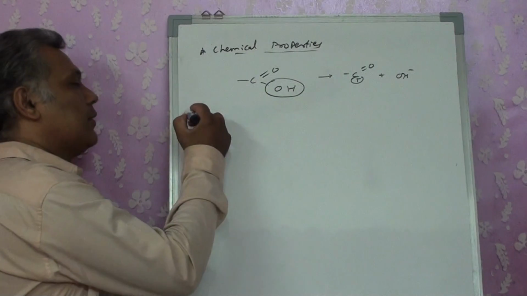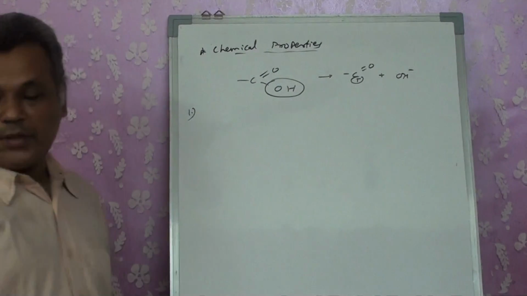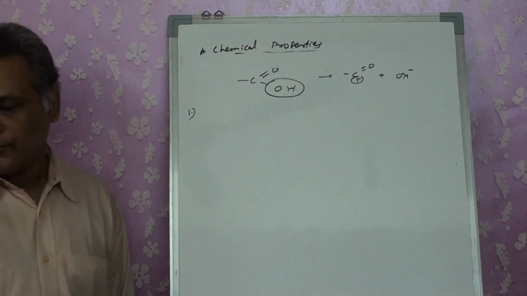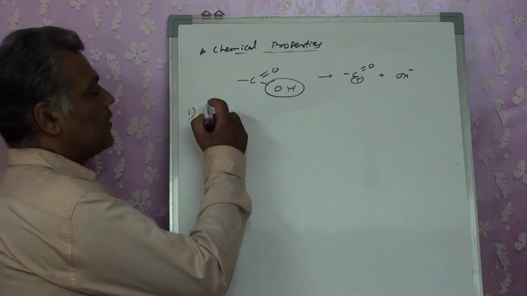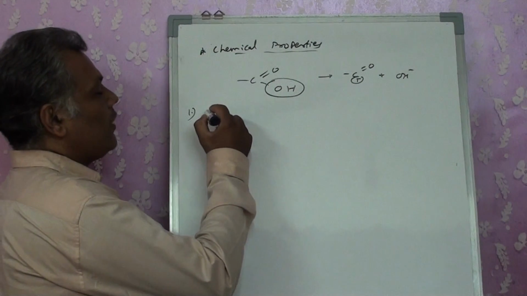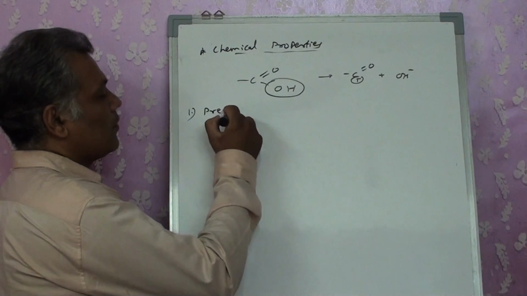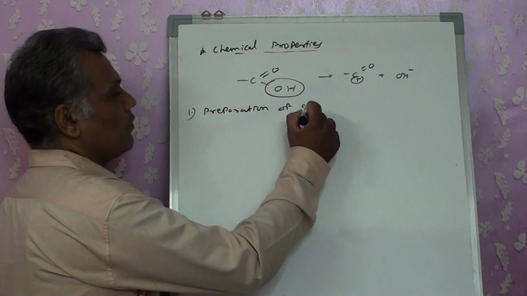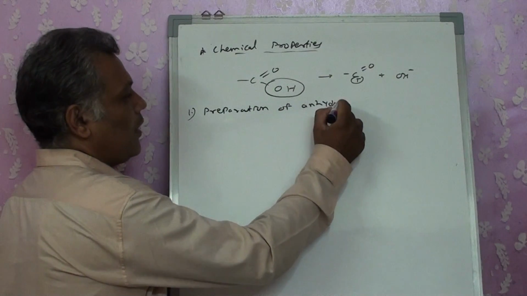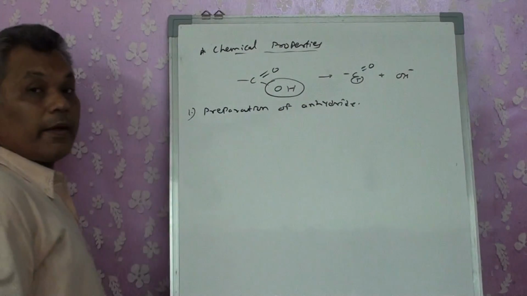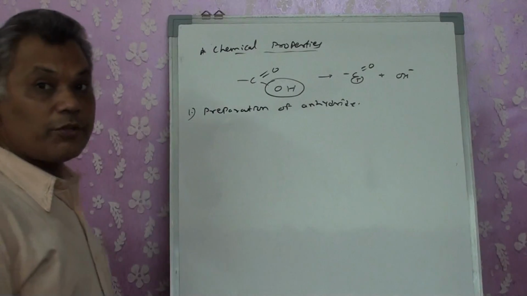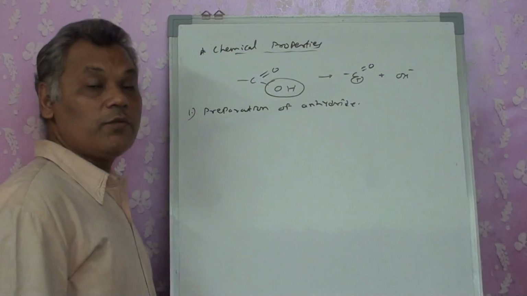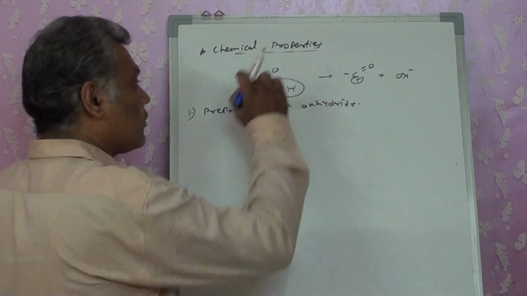So the first reaction is the preparation of anhydride. I'm writing it as preparation of anhydride, but actually it's the first chemical property of carboxylic acid.